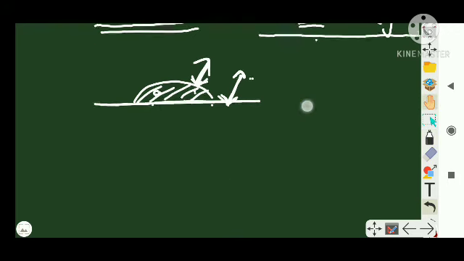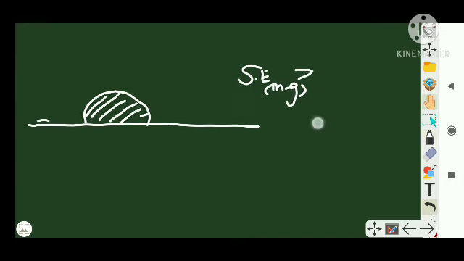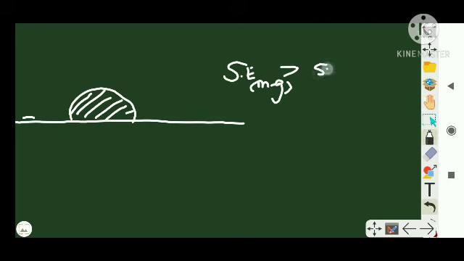Whereas in the case of mercury, similarly I have dropped it on glass, and this is our mercury, it occupies these surface areas. Now, the surface energy between mercury and glass is very high when compared to the surface energy between mercury and air plus the surface energy between glass and air.